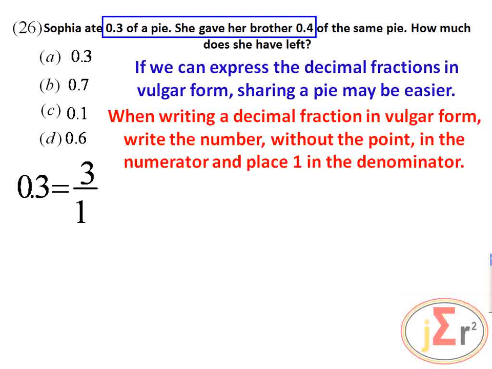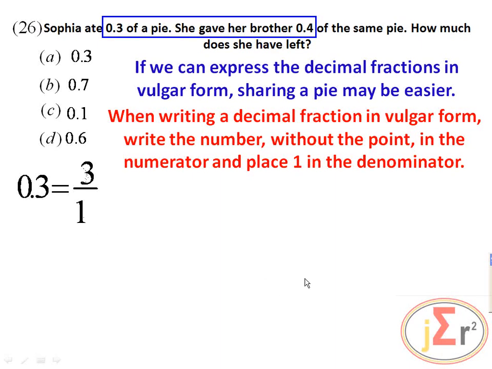So when we are writing a decimal fraction in vulgar form, we write the number without the decimal point. So we have there 3. And we will place 1 in the denominator. So we write 3 and put 1 in the denominator.